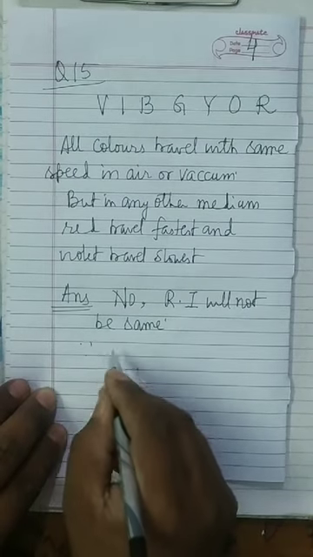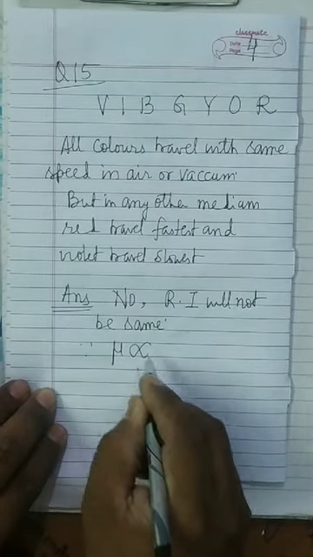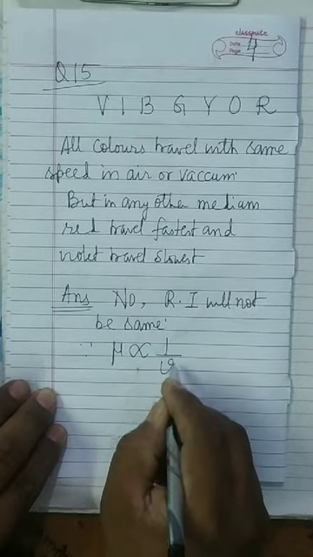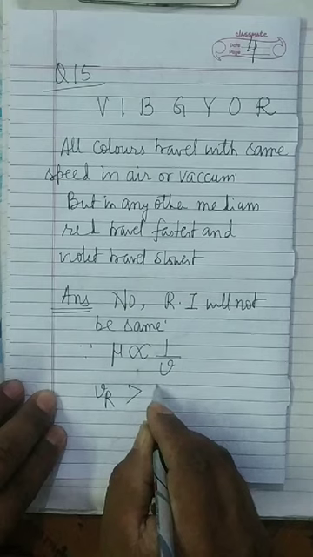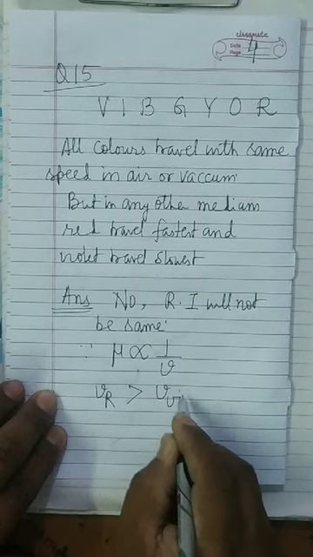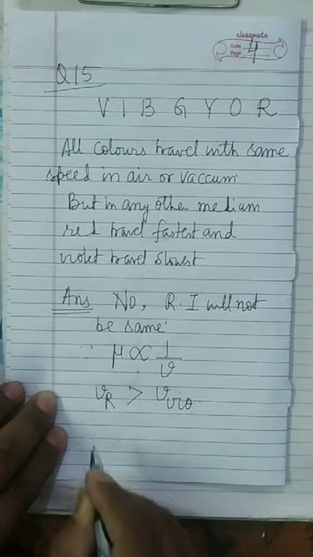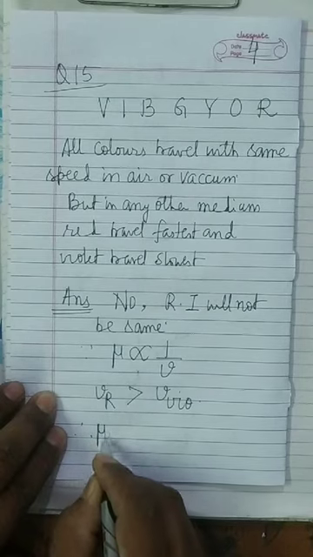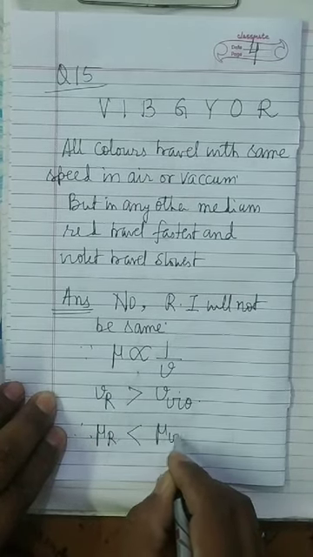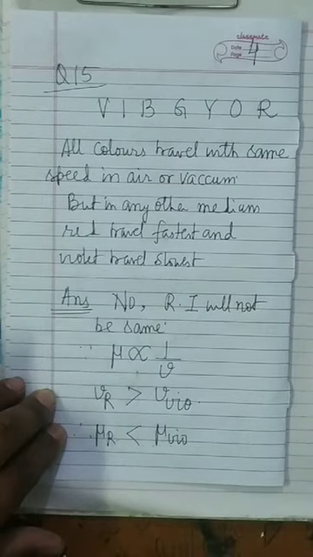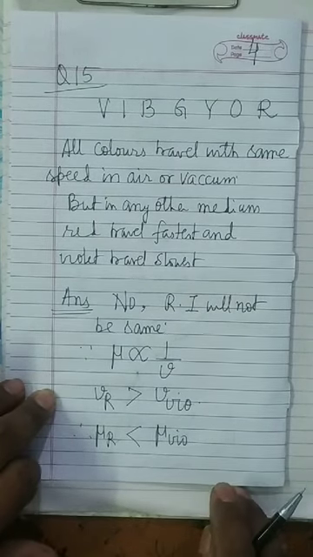Since mu is inversely proportional to the velocity, and the velocity of red color is more than the velocity of violet color, therefore mu for red color will be less than mu for violet color. So there will be a different refractive index.